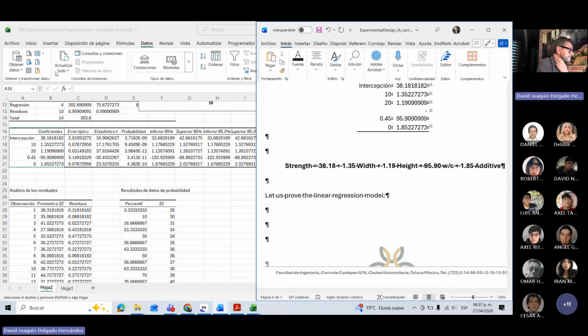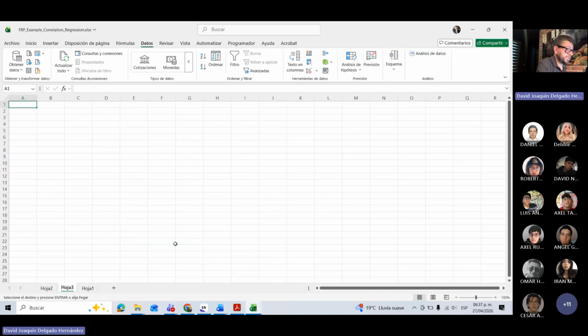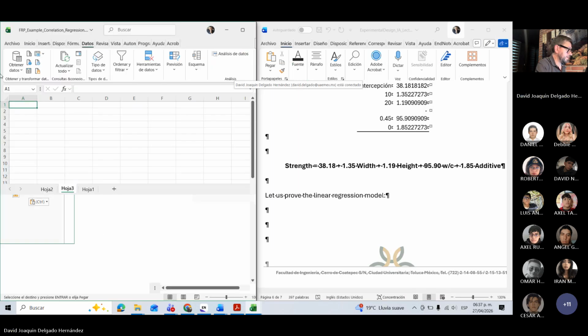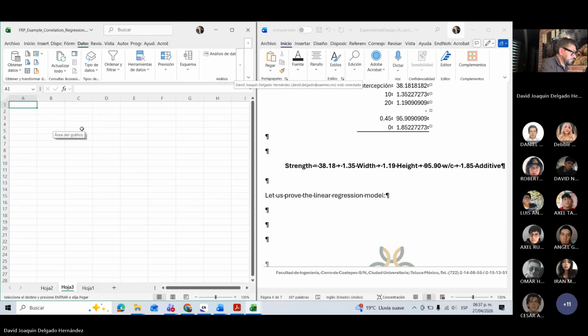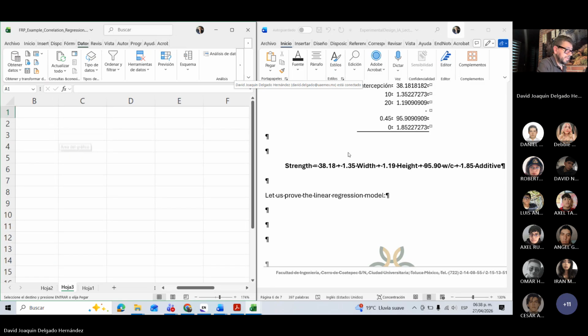So look, I am going to use this Excel, a new sheet. I am going to translate this into Excel again, okay?